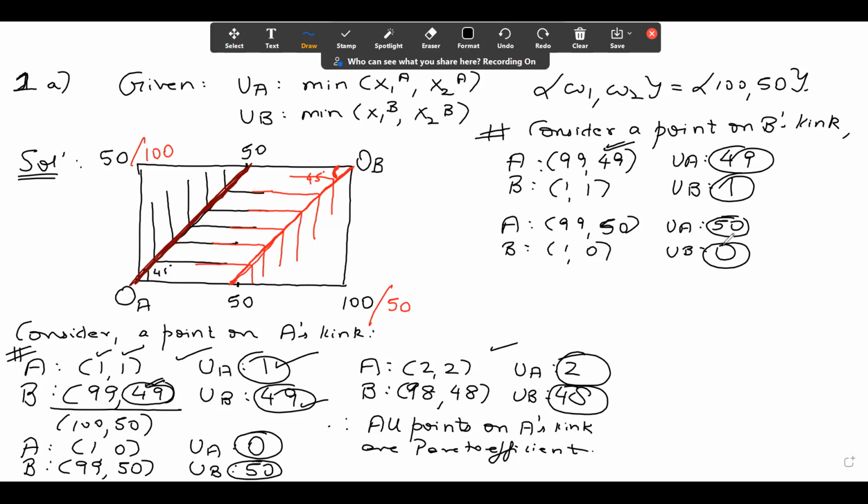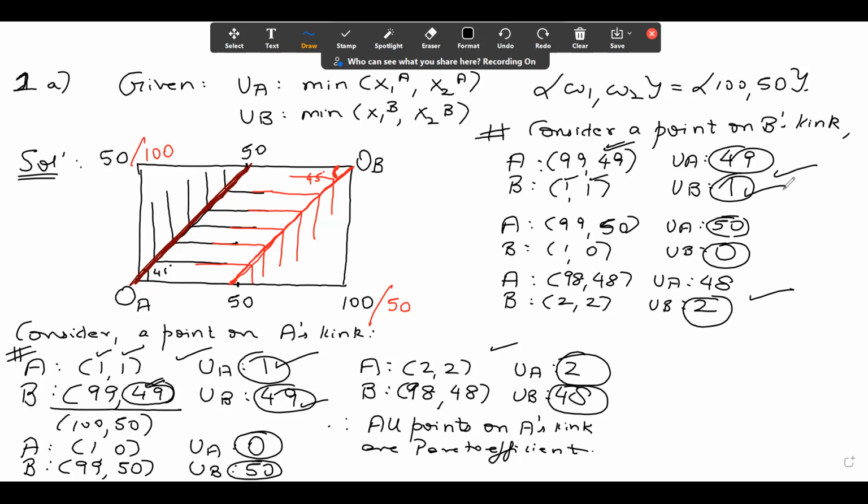You try to make B better off, B becomes better off only when she gets both the units here. So if that happens, B will have 2,2. A will have 98,48. Utility which A gets is 48. Utility which B gets is 2. Compare this with this. B has become better off by making A worse off.